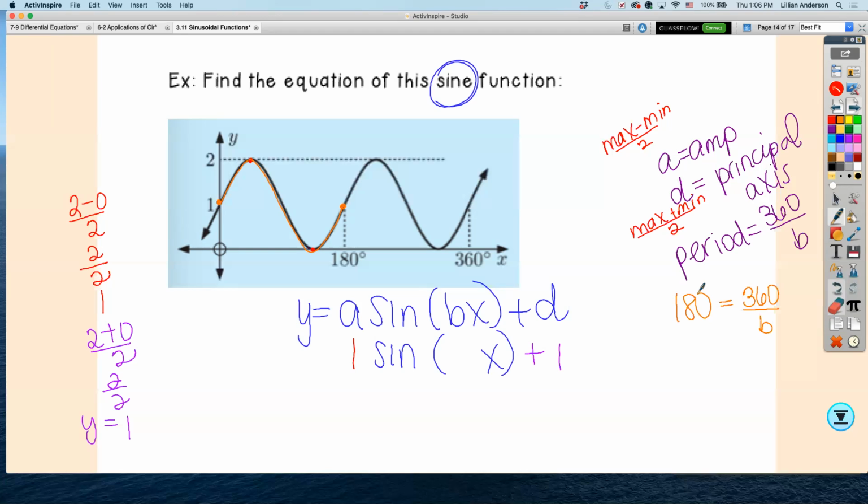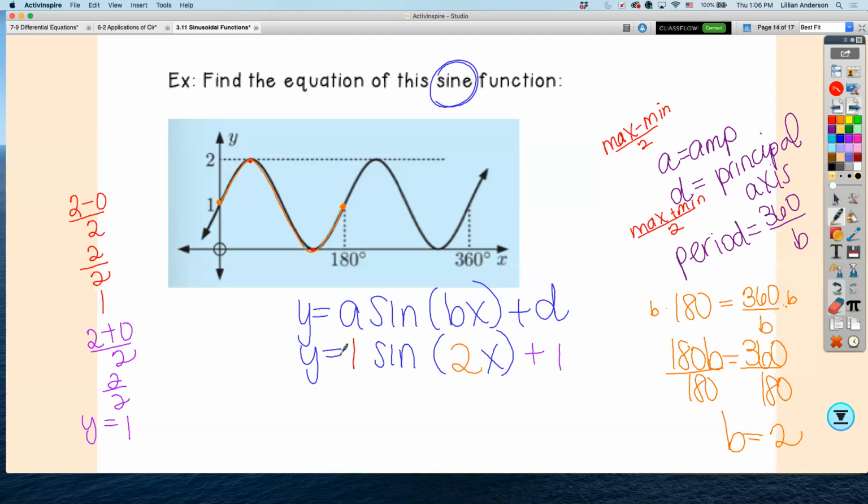I gave y'all the answer. The answer is 2 because if I multiply both sides by B, I'll get 180 times B equals 360. And then to solve for B, we would divide by 180. So B is equal to 2. And it's still y equals.